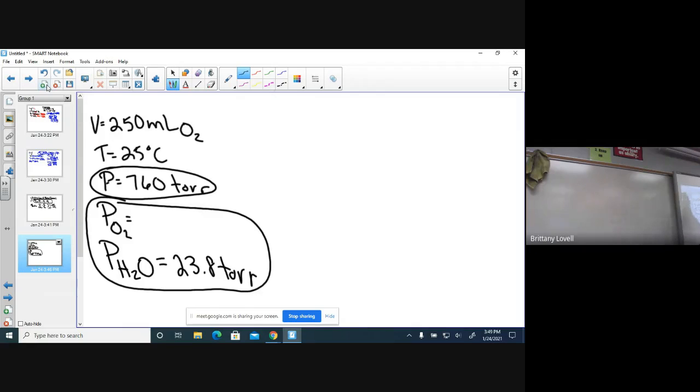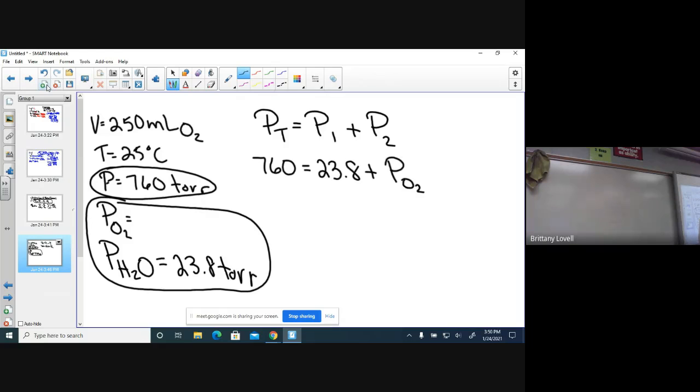All right. We know that the total pressure of a system is equal to the sum of the gases that are involved. And in this particular case, it's going to be the water vapor gas and the oxygen gas, right? So I could plug in 760 and set it equal to, I know that the pressure that's exerted by water is 23.8 torr, plus I don't know the pressure of the oxygen gas, right?